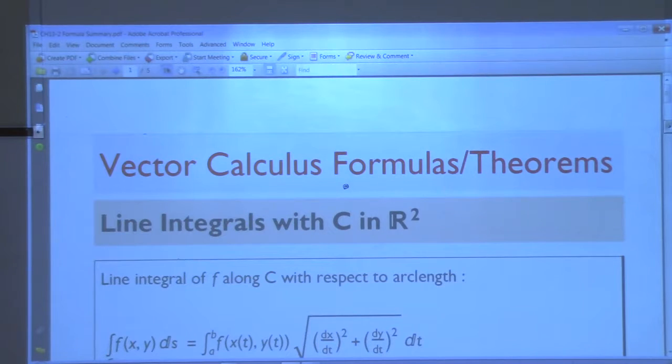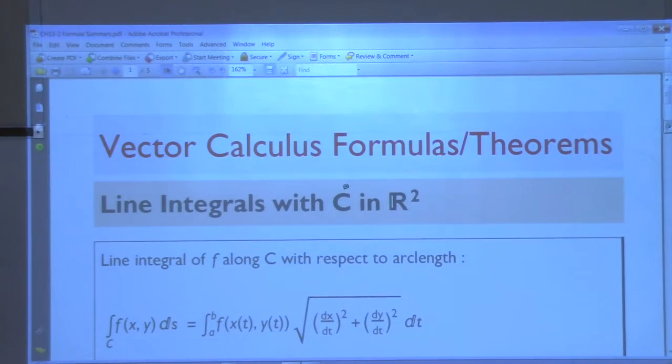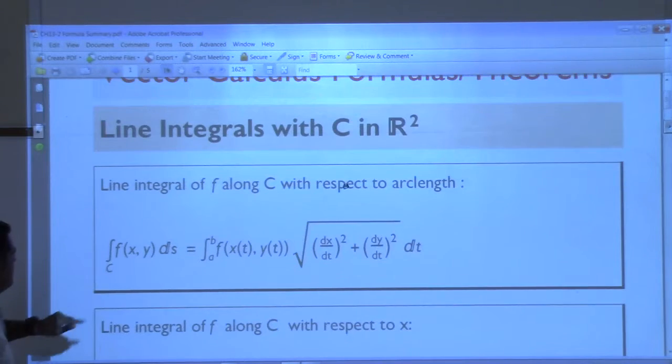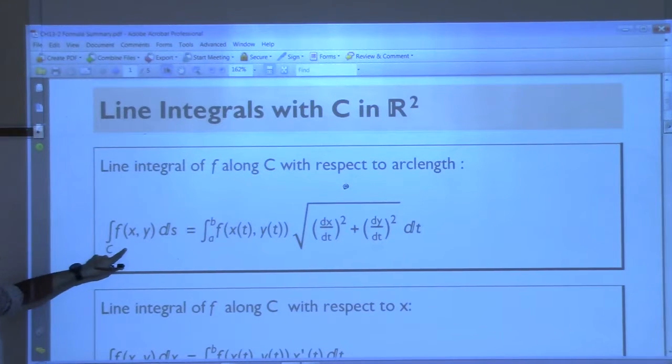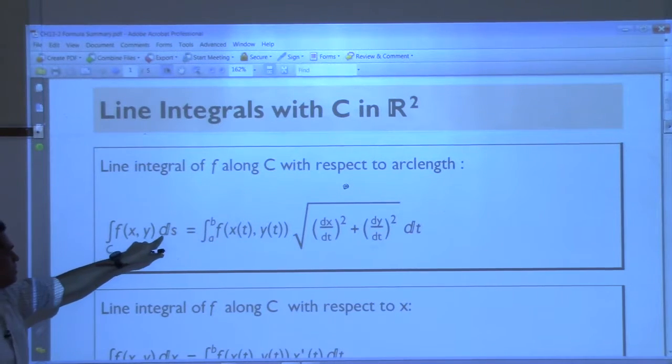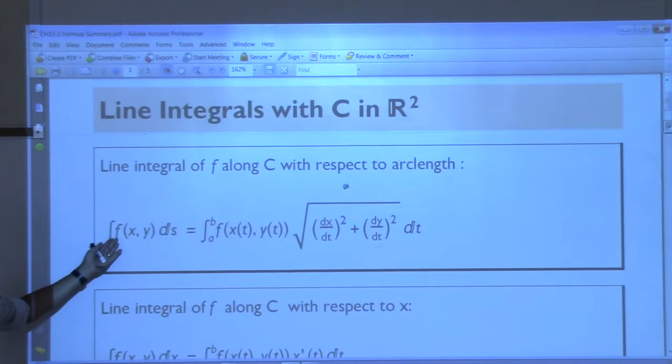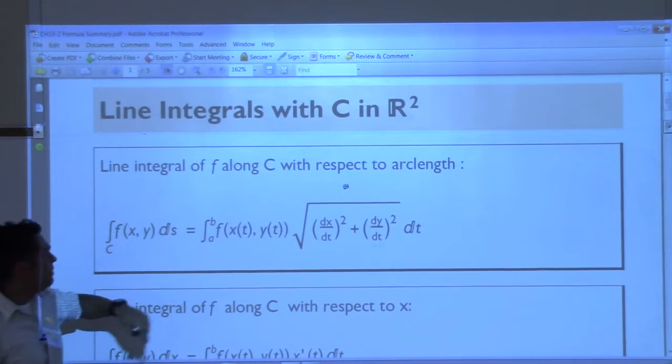So this is just the formulas that we developed last class. We had the notation here, the integral over a curve C of a scalar function of 2 variables with respect to s. This was the area of that curtain below the surface, and this is the formula for it.